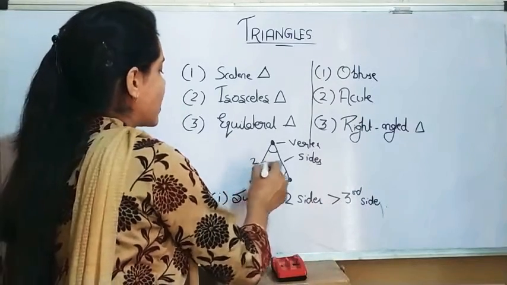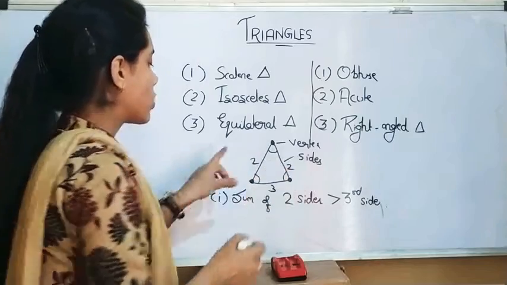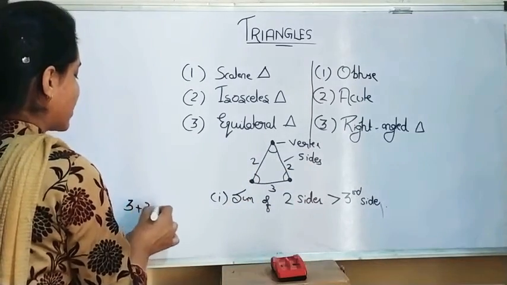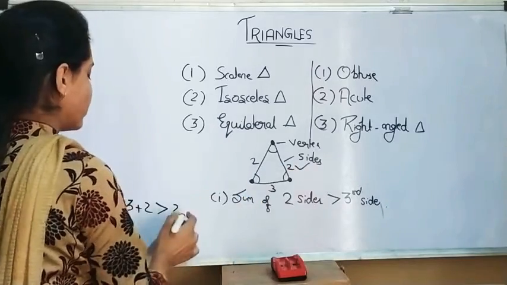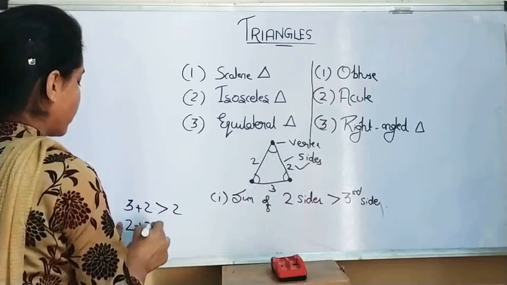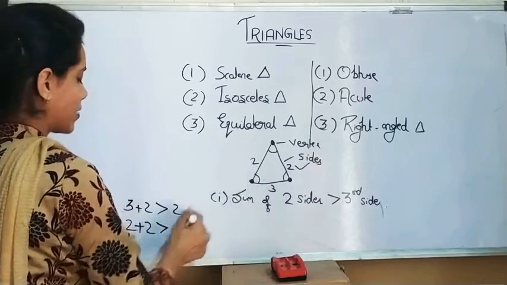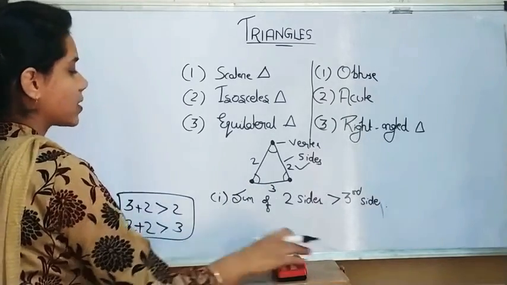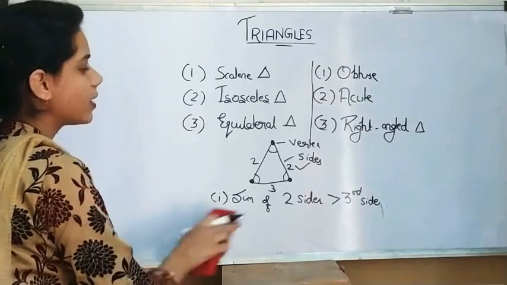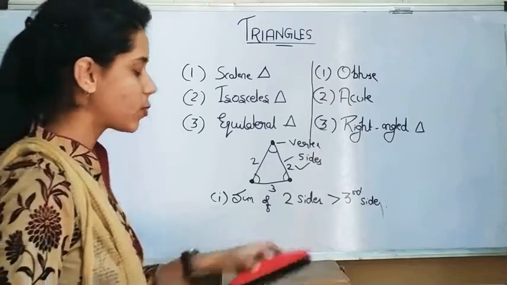Suppose this is 2 centimeters, this is 3, this is 2. If I take this 3 plus 2, it will be greater than the third side 2. If I take this 2 plus 2, it will be greater than the third side 3. So in this way, the sum of any two sides of the triangle is greater than the third side. This is the first property.